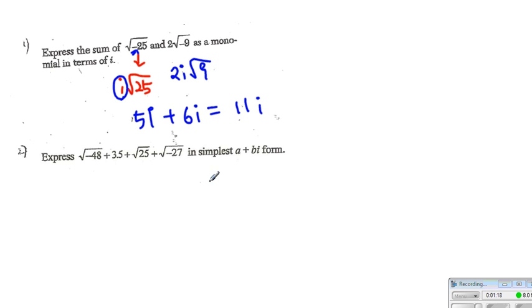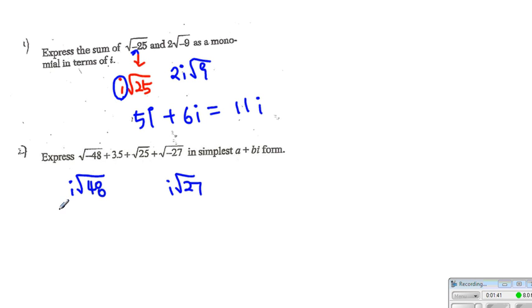Alright, let's look at the next question. Similarly, here, as soon as you see the negative numbers inside of the radical, we can assume that to be an imaginary. So here we have i square root of 48, and then here we have i square root of 27.